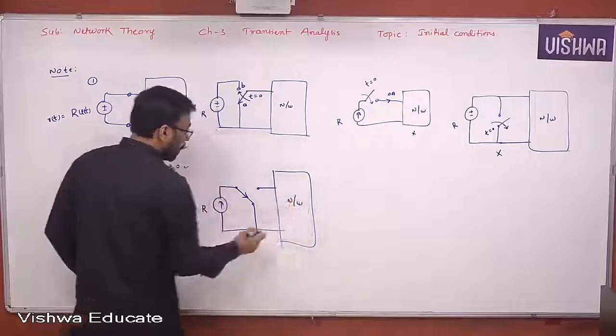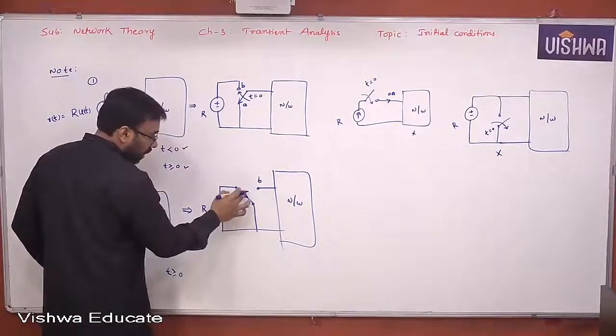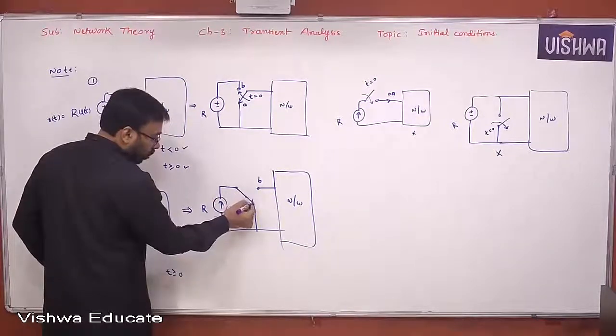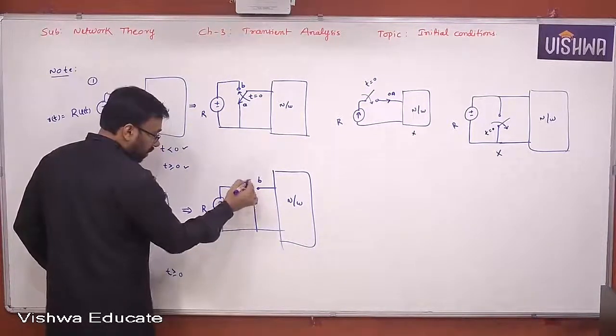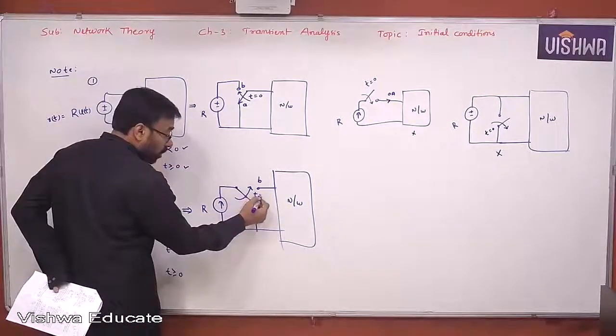This is the network. This is at A. This is at B. Now I'm going to move the switch from A to B in 0 time, at t equal to 0.